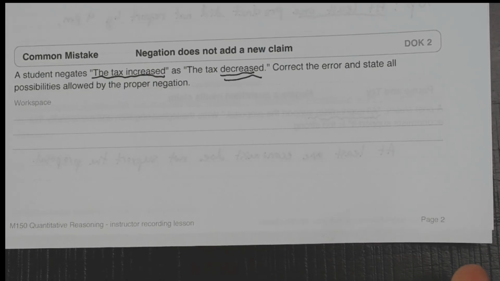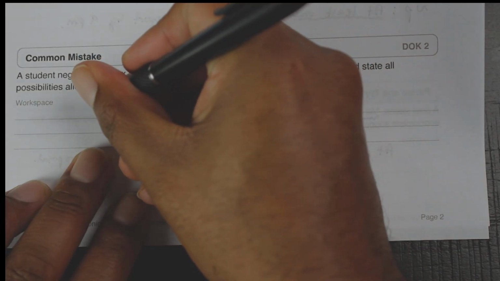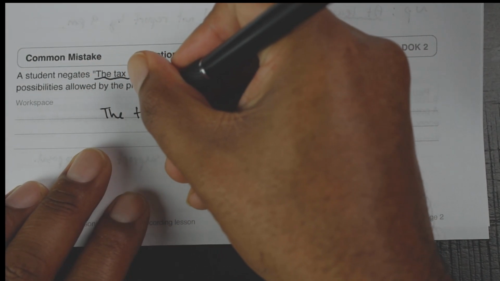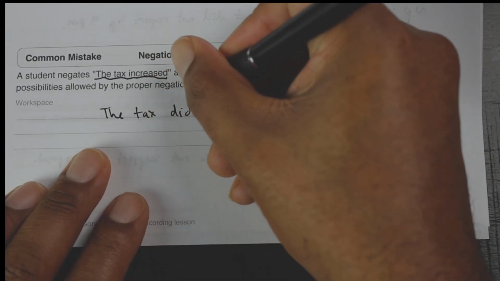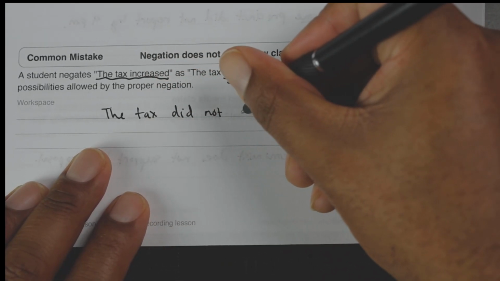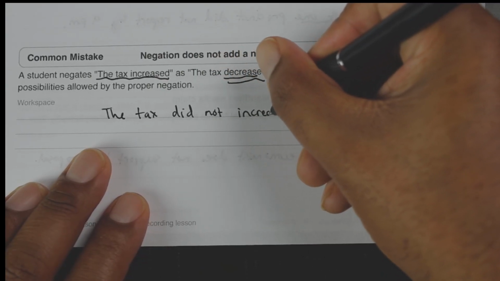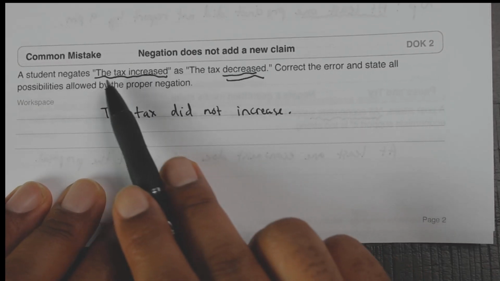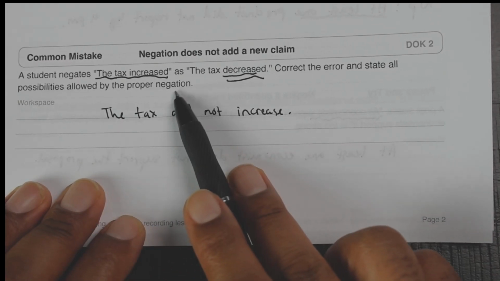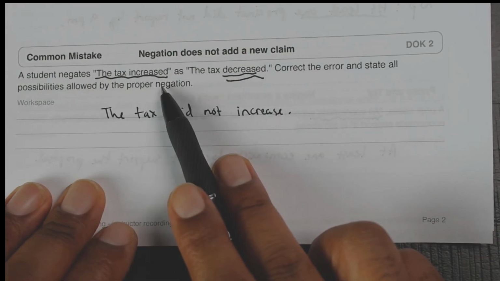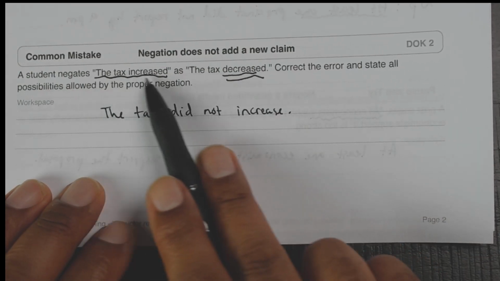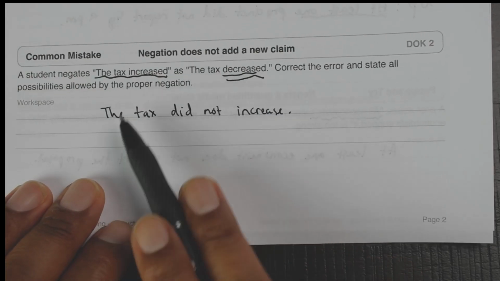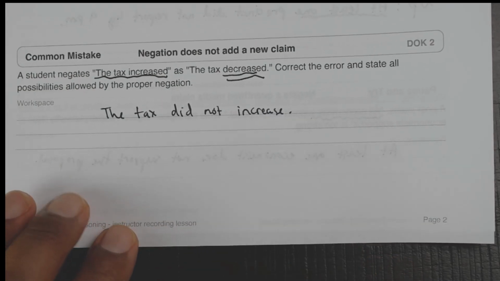But the proper negation is simply that the tax did not increase. The proper negation of "the tax increased" is "the tax did not increase."